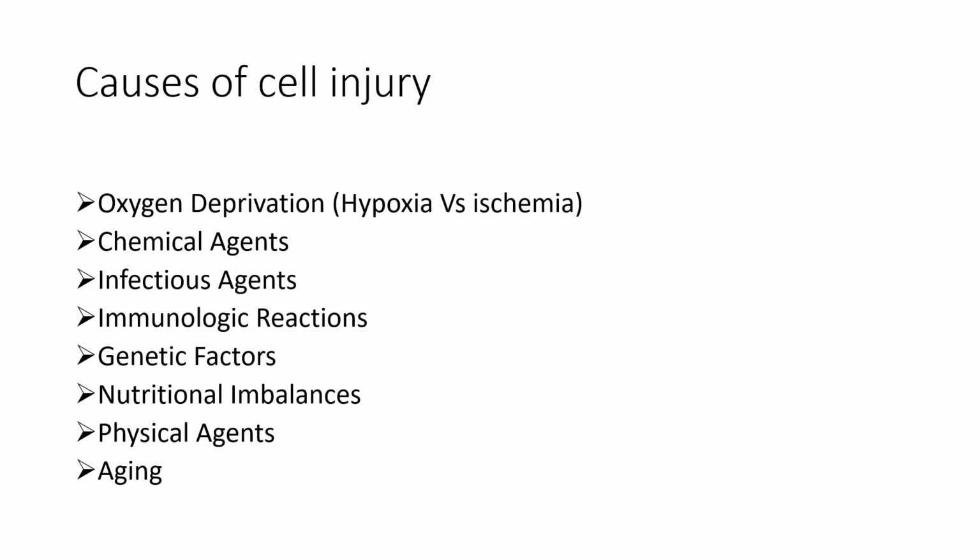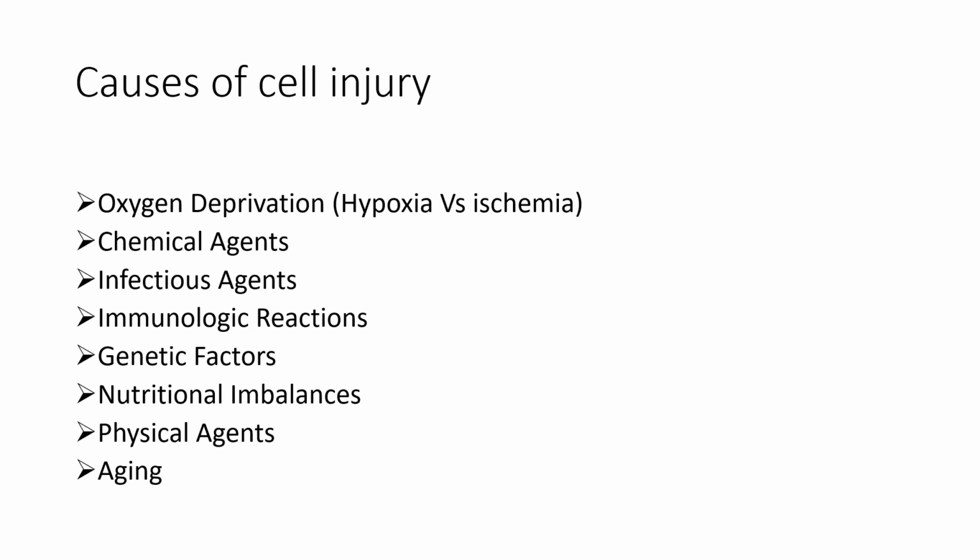Other causes of cell injury are chemical agents مواد كيماوية مختلفة، infectious agents فيروسات فطريات parasites bacteria for example, immunologic reactions تفاعلات المناعية زي تفاعلات الألرجي والحساسية أو أمراض المناعة ضد الذات autoimmune diseases.